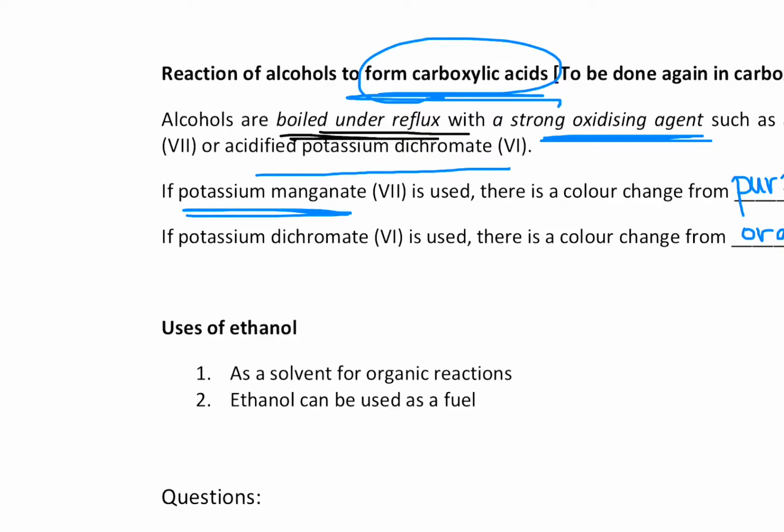Ethanol is also used in alcoholic drinks. It's also used as fuel for vehicles, and it can also be used to make ethanoic acid, which is used as a preservative for food, and also to make esters.